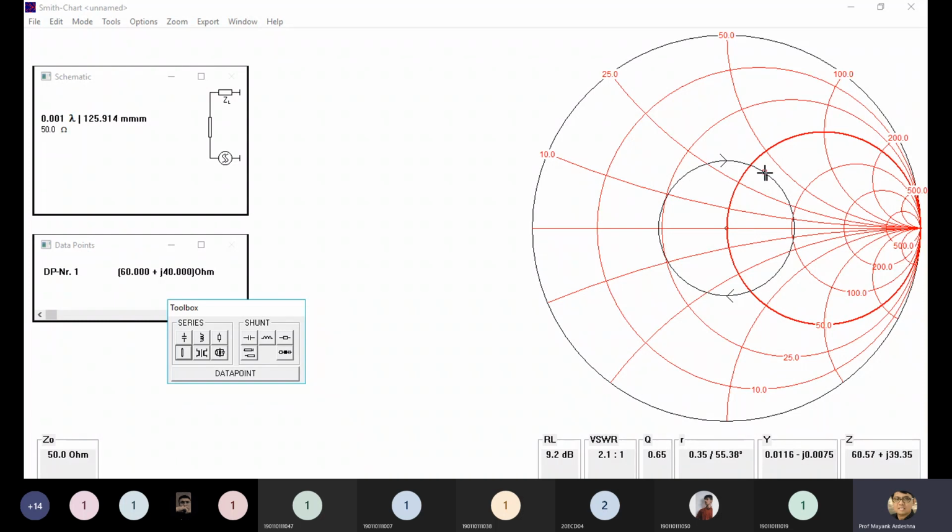Whenever I move in this direction, the length slightly increases, and you have to set it to how much? 0.33 lambda. So you can say it's 0.33 lambda. Just select this point.